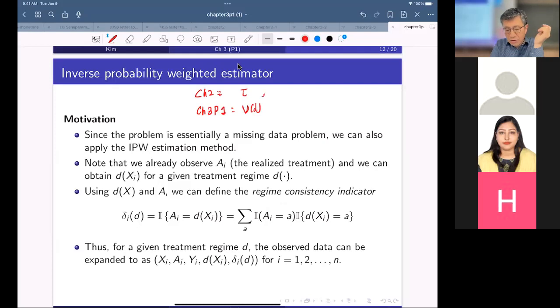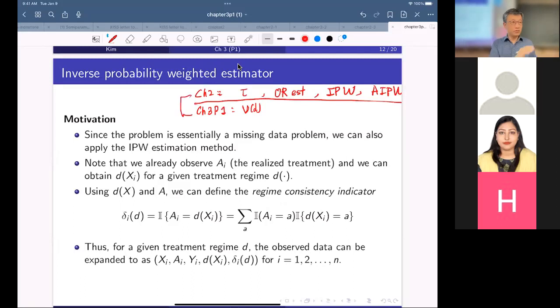You have an outcome regression estimator, then an IPW estimator for tau, and then an AIPW estimator for tau, and then find the optimal one. That's basically the summary of chapter 2.